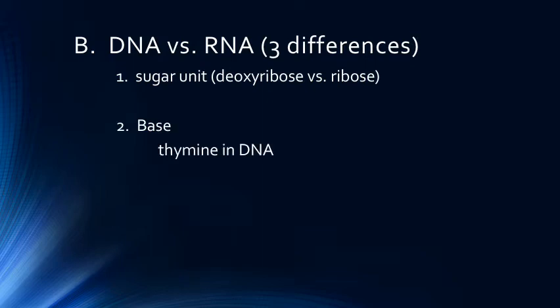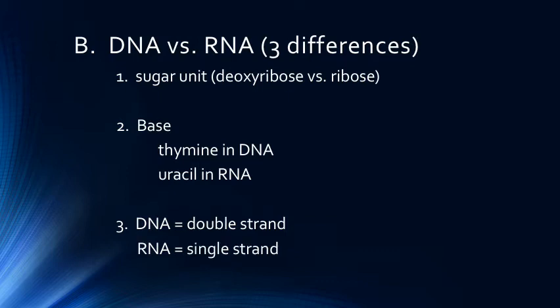The T is thymine in DNA, and it is U, or uracil, in RNA. There are no T's in RNA. And finally, you may have noticed just from the pictures, DNA is a double-stranded molecule, and RNA is a single-stranded molecule.